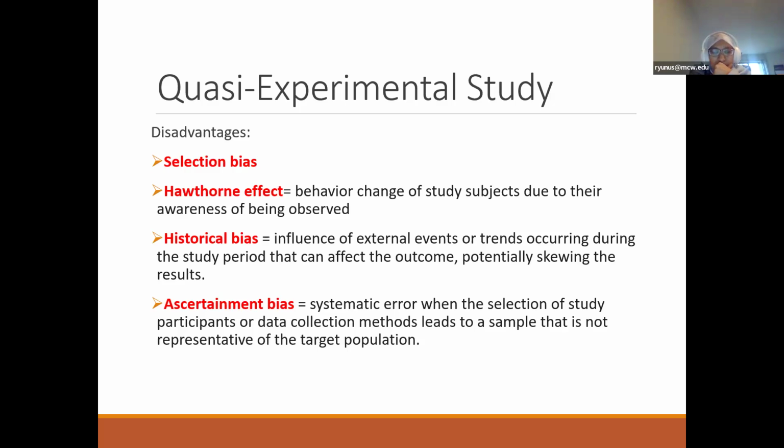Again, this is related to the fact that you do not perform random assignment of participants, because when you don't do that, it's very easy to have the systematic error, because the way you select your participants or the way you collect data can lead to a sample that is not representative of the target population.